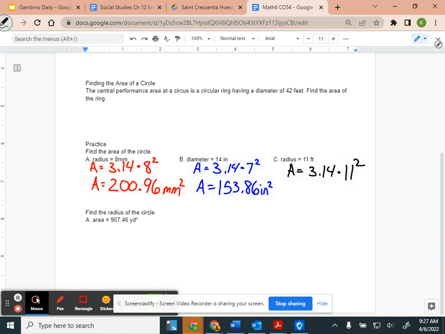Peyton? 121. So 3.14 times 11 squared gives us what? Landon? 379.94 feet squared.